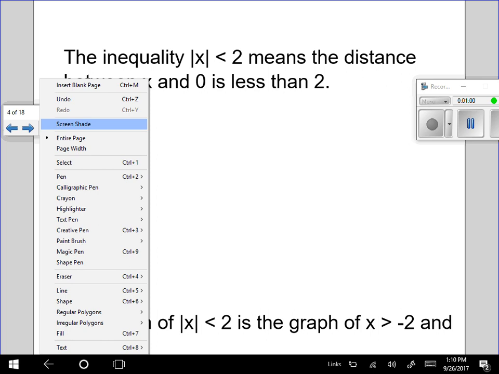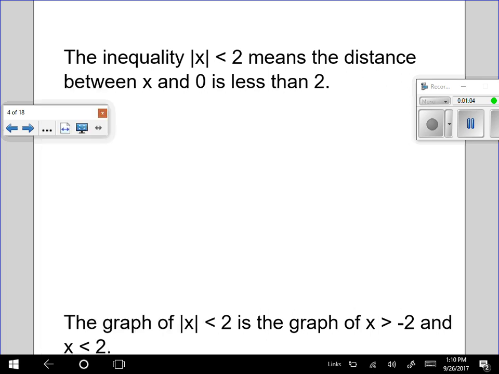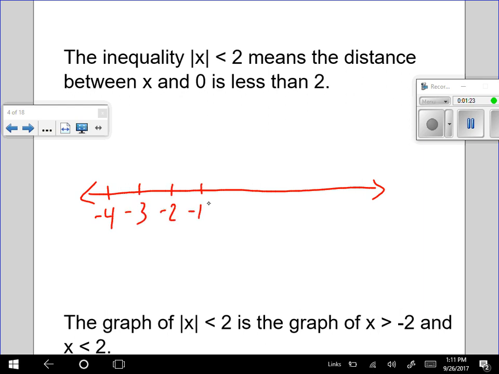So what this says here is the inequality, the absolute value of x is less than 2, means the distance between x and 0 has got to be less than 2. So if I were to graph that, I have -4, -3, -2, -1, 0, 1, 2, 3, and 4.